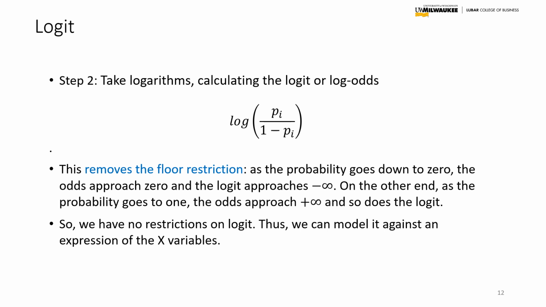So there's no restriction on one end. On the other end, as the probability goes to 1, the odds approach plus infinity. So does logit. So in the end, we have no restrictions on logit, and we can model the logit against an expression of x variables like we do in regression.